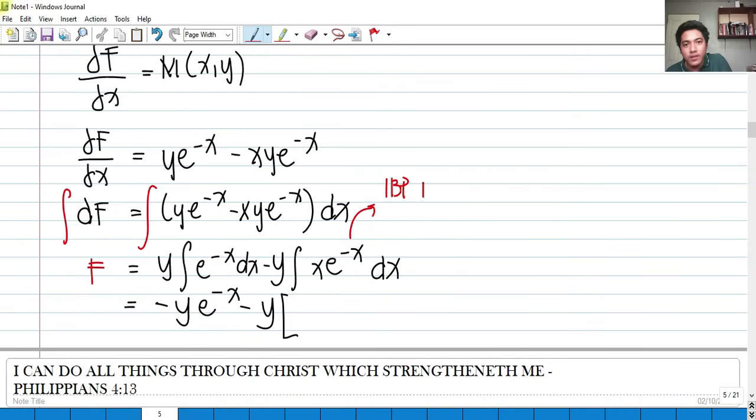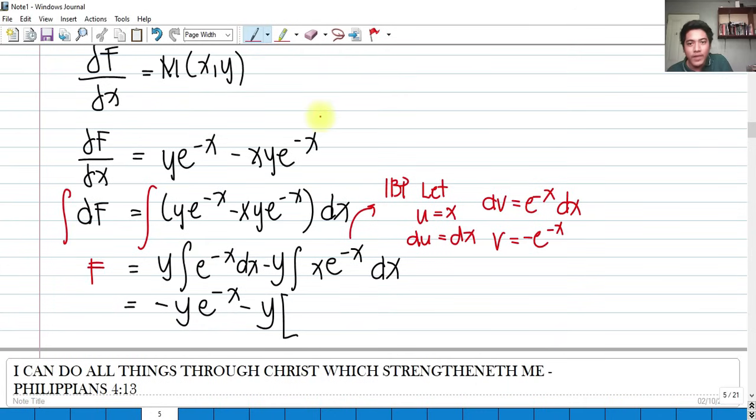So we have to let u equal to x, du with respect to x is simply dx, and our dv is e raised to negative x dx, and our v should be negative e raised to negative x. So by the formula of IBP, the formula is uv minus integral of v du.